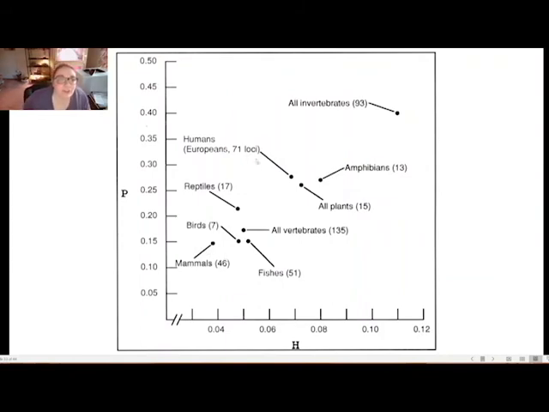But I mean, humans, we are a little higher up there. But on average, mammals are pretty low. And what's interesting is the individuals with the highest polymorphism and heterozygosity are invertebrates, because they are a very diverse group of organisms. Mammals are all very similar to one another.